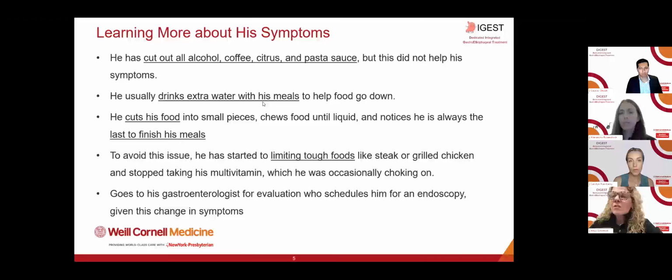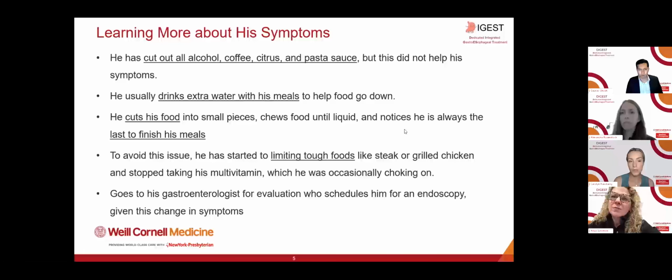And another question that I tend to ask also is, how are you with swallowing pills? So some of these people who used to be able to swallow pills now feel even pills getting stuck or more difficult to go down. So it's crucial that the physician who's treating them really asks pointed questions about any adaptive feeding behaviors that have developed, because it should really raise that red flag that you were mentioning.